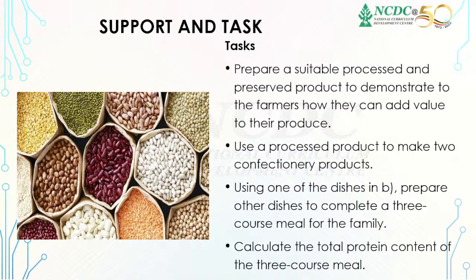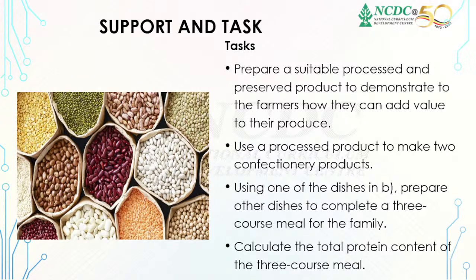For example, if the learner has processed or is going to process beans or soya, in part B they don't have to use what they have processed. Why? Because just in case they didn't do it well in part A, they are ruined for part B. So we don't want the candidates to lose twice.